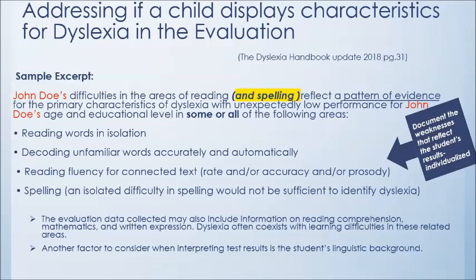For example, you will note which are the following areas according to your tested areas. He showed a deficiency. Was it in reading words in isolation, decoding unfamiliar words accurately and automatically? Was it in reading fluency for connected text? Or was it in spelling?